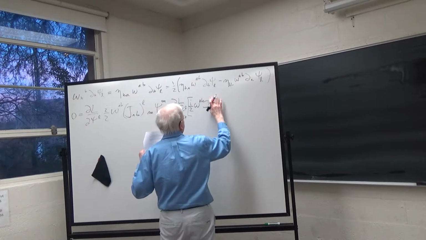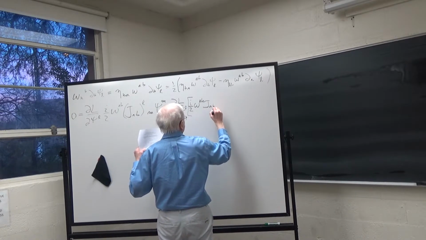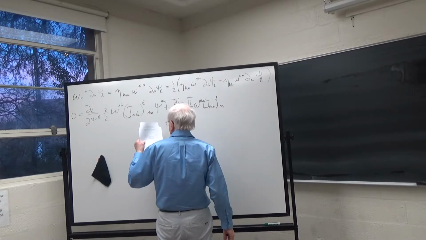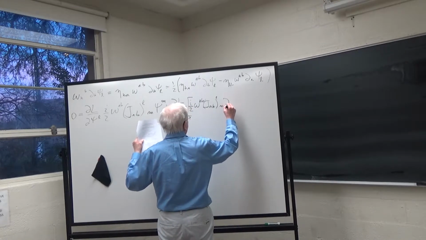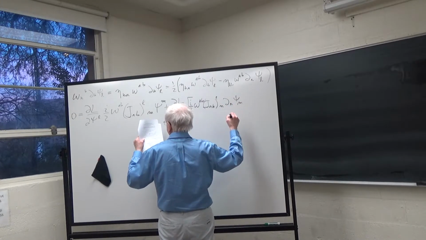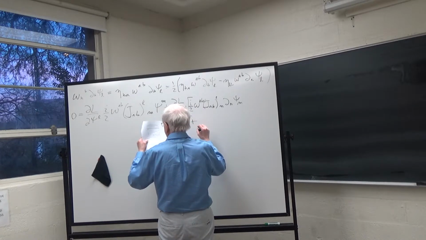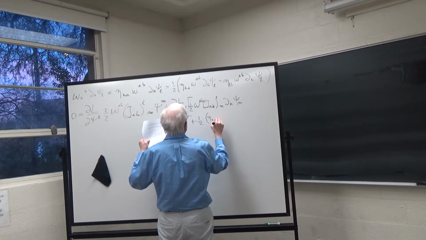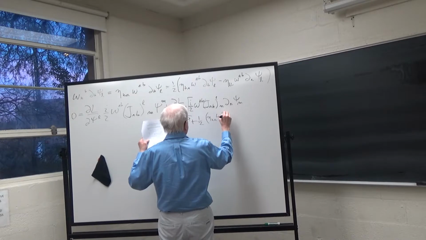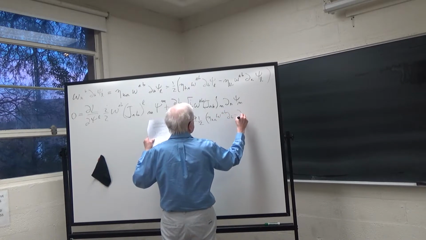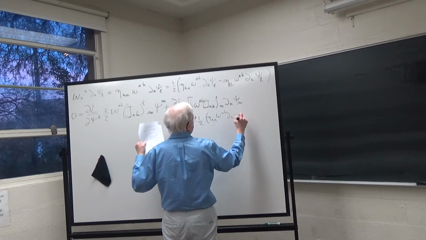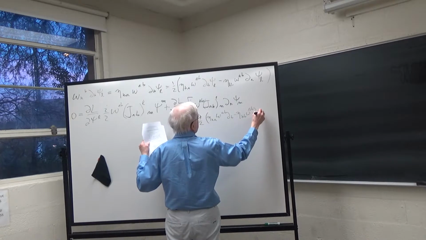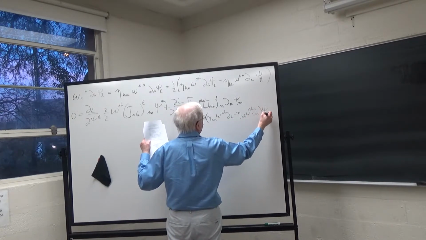So let me write this formally like that. Partial K psi M, and then plus the last bit, which is this thing up here, 1/2 eta Ka omega AB dB minus eta KB omega AB dA psi L.